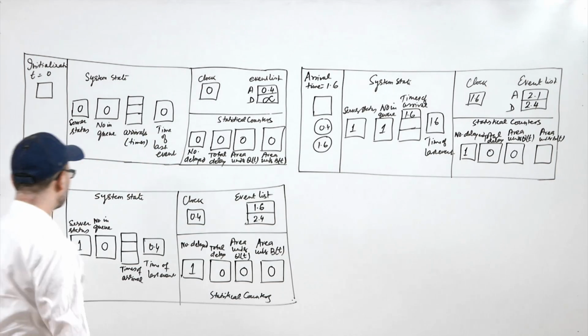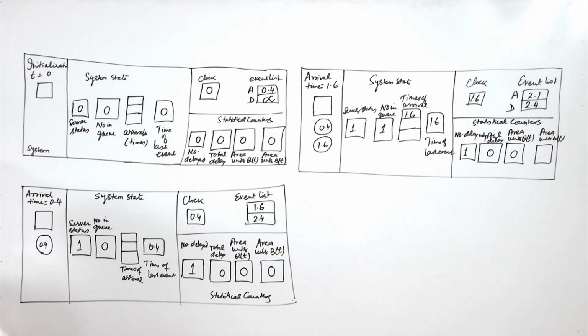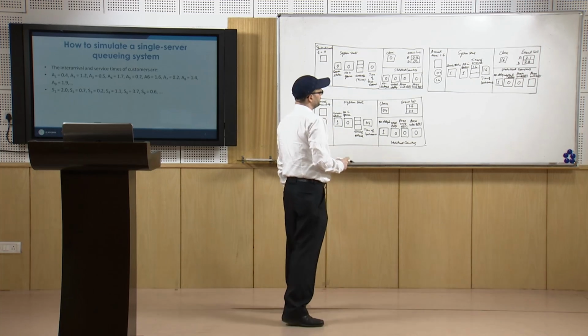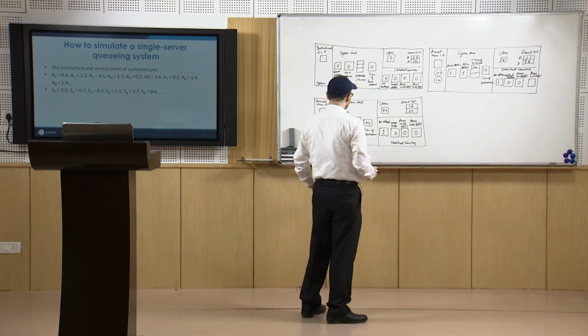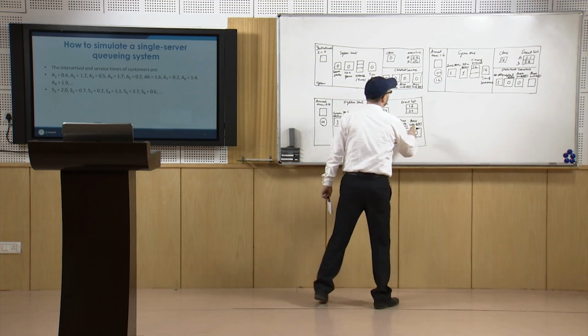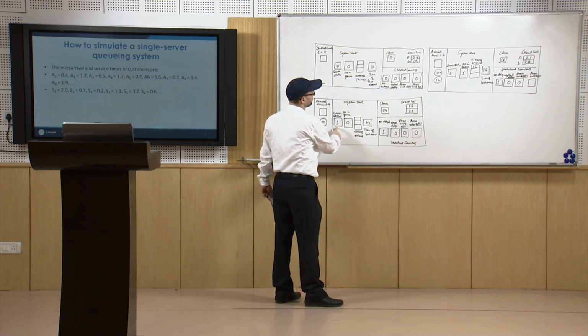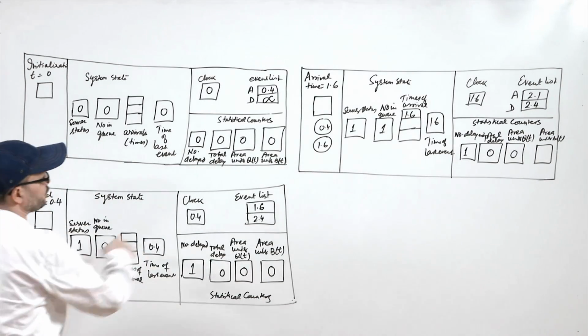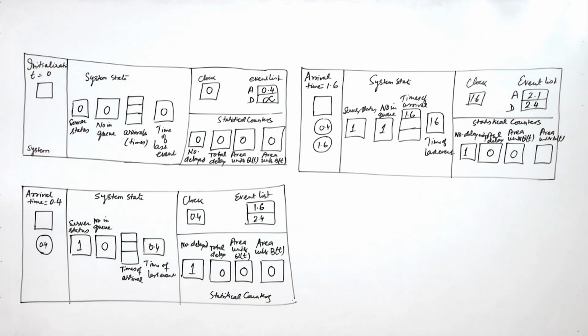Now, the server was busy, so the busy function value was 1. So, area under BT will increase. Area under BT in the earlier case was 0, but in this case it is 1. So, it will be 0 plus 1 into this time, 1.6 minus 0.4.